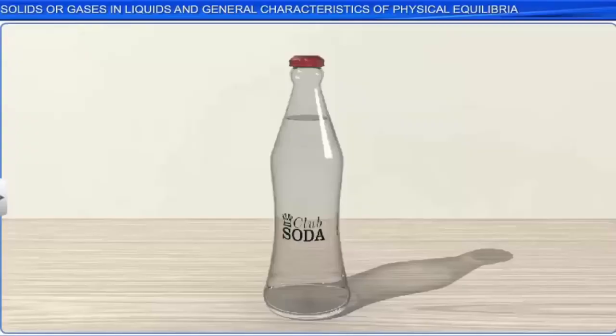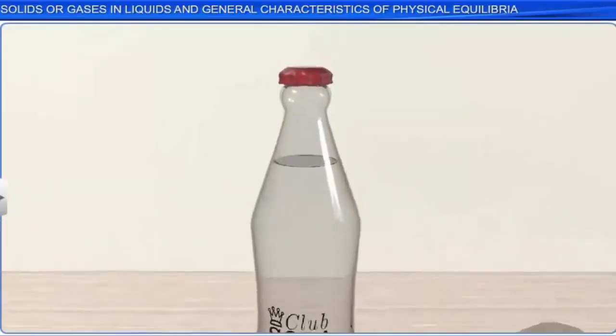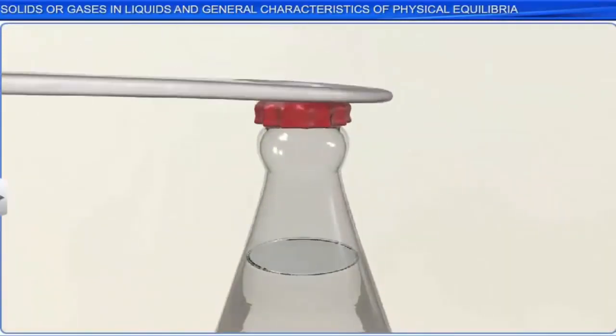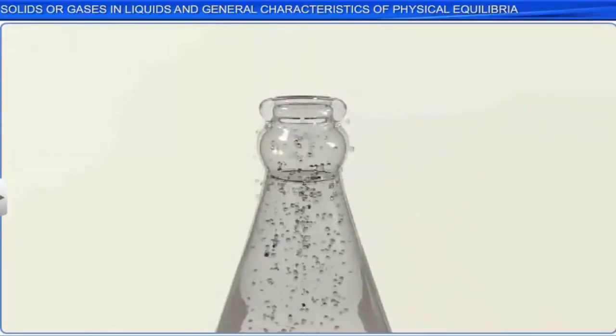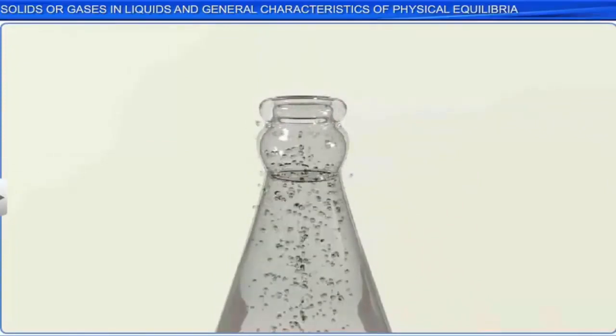Now let's look at the equilibrium involving the dissolution of gases in liquids. Have you ever wondered why soda fizzes when opened? The fizz that bubbles up when you open a soda water bottle is carbon dioxide gas. The phenomenon of fizz you see in carbonated beverages is due to the difference in the solubility of carbon dioxide at different pressures.